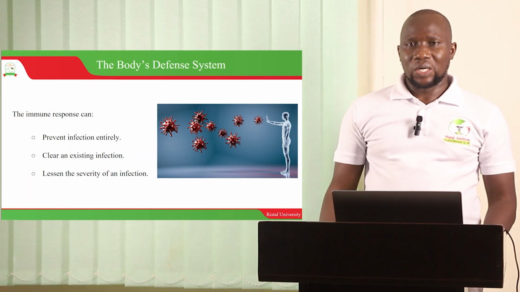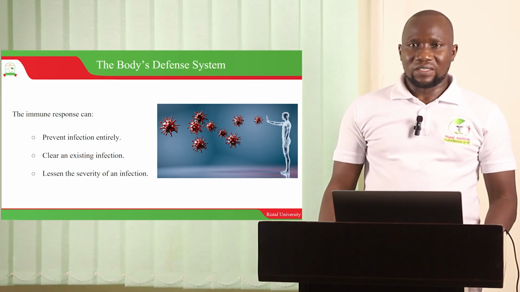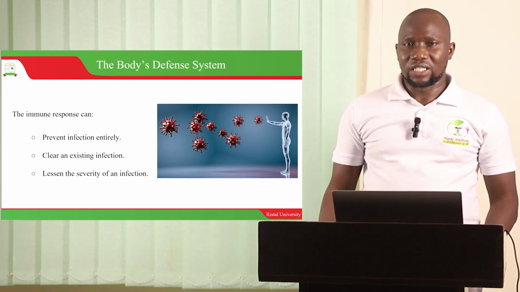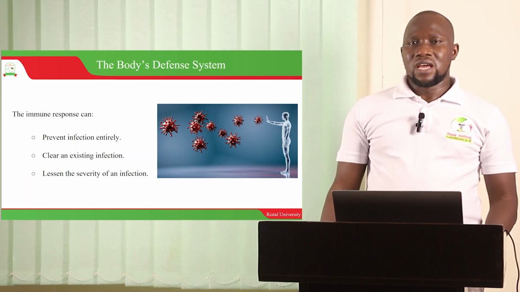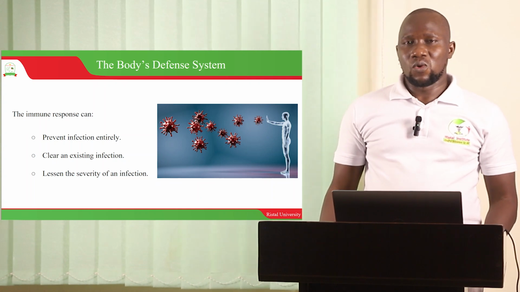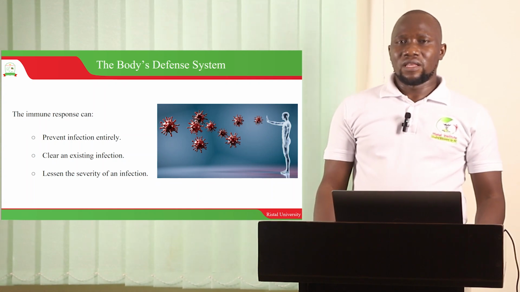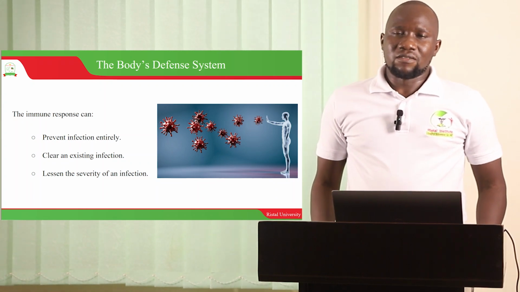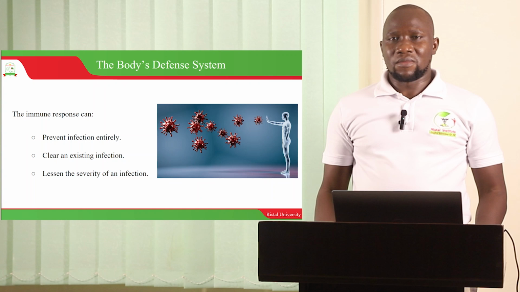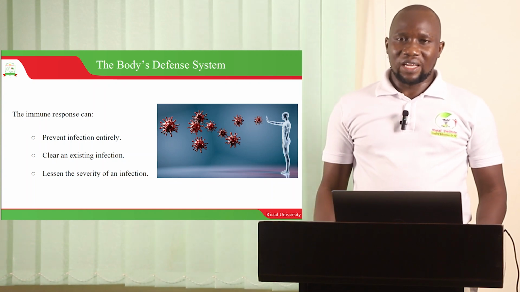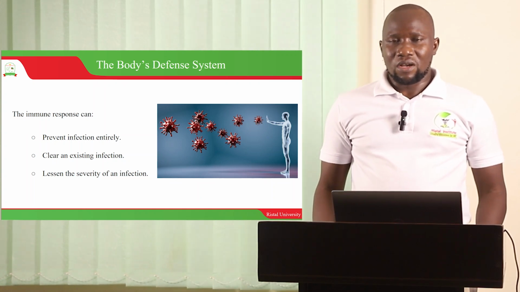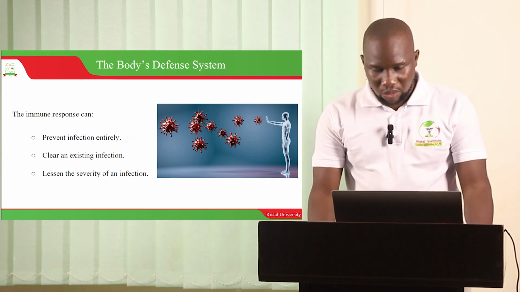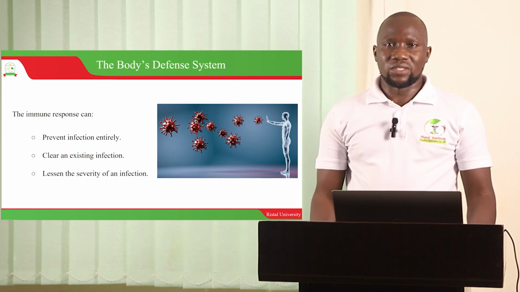Then we'll look at what vaccines are and how they are manufactured, the different types of vaccines, and then the individual and public health effects of these vaccines. Finally, we'll look at what we call surveillance or monitoring and evaluation of vaccine programs. So that is basically the outline of this presentation.